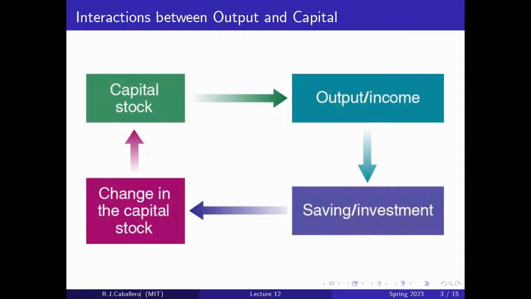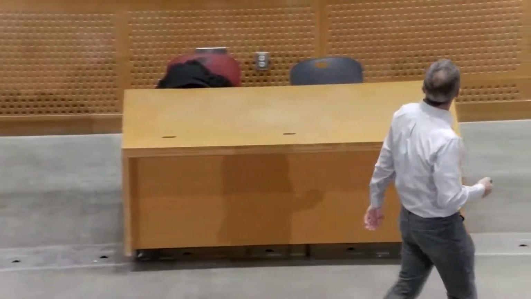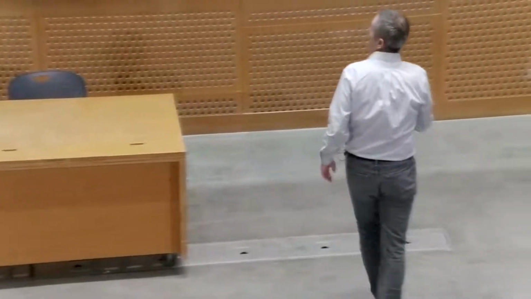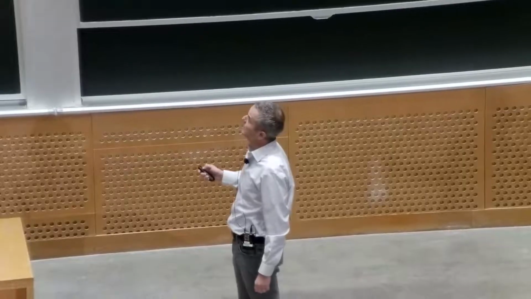So income leads to saving, which funds investment, which changes the stock of capital, which feeds into income, and so on. All this happens very slowly because the capital stock accumulates slowly. But this is what is happening, and all the models we're going to look at, certainly the one in this lecture, are all about this mechanism. Okay?